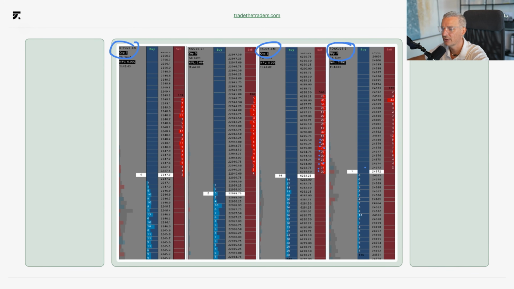This can be much larger during the main trading hours of the S&P 500. In the DAX, for example, you see here there are 2 contracts, 4 contracts, 4 contracts, 8 contracts, 11 contracts, 7 contracts. There is much less going on. This means there are far fewer traders who want to sell at these price levels. And on the buy side at the lower prices, you see exactly the same thing.